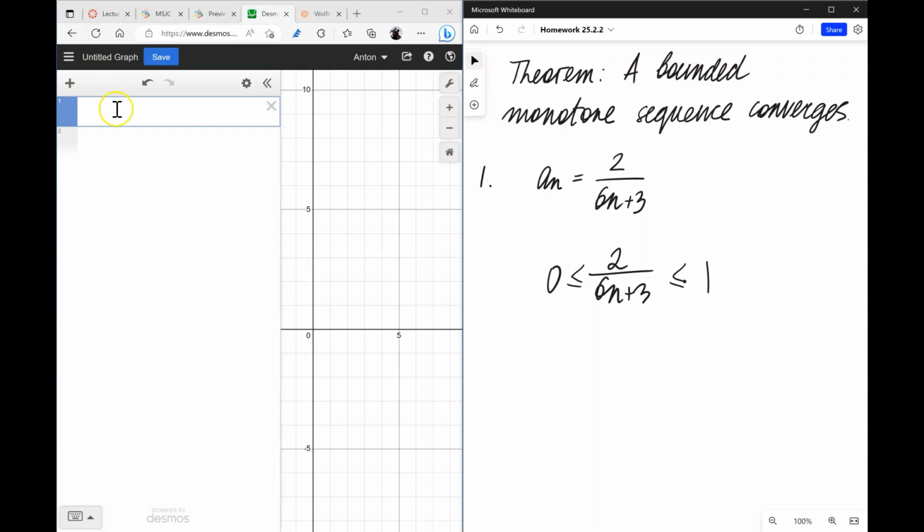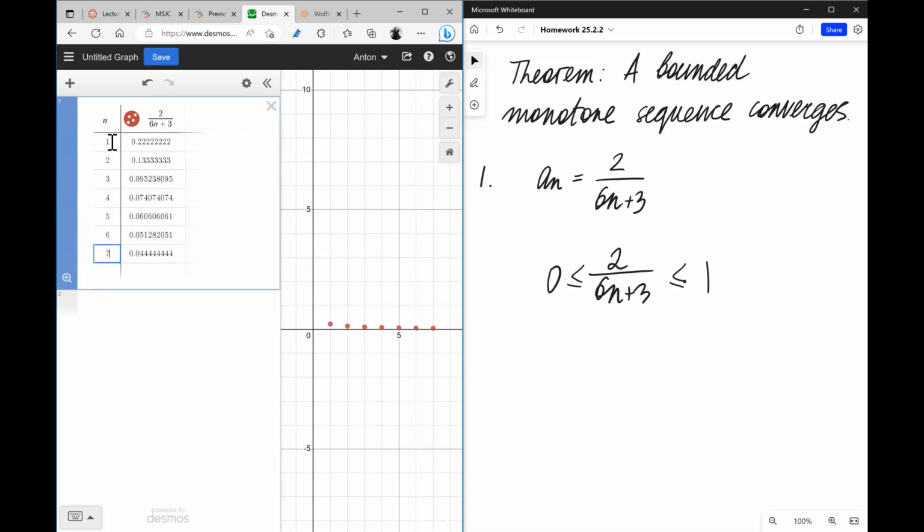So intuitively I know that it's going to be bounded, but it doesn't hurt to graph it and see what's going on. So we have 2 over 6n plus 3, and you see how, again, how do we know it's bounded?